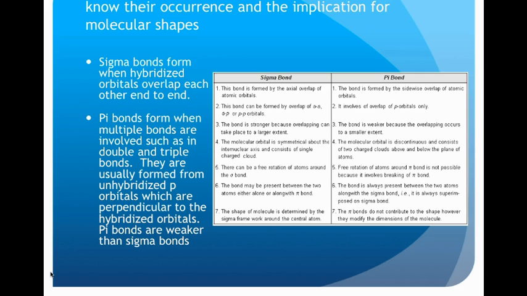The pi bond orbitals are weaker than sigma bonds. Take a look at the table on the right, stop the video, and look to see the 7 bits of information for both sigma and pi bonds.